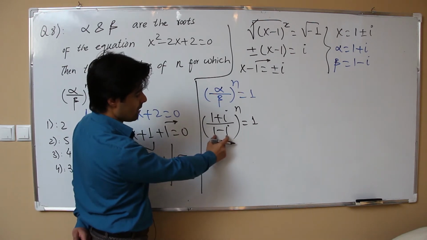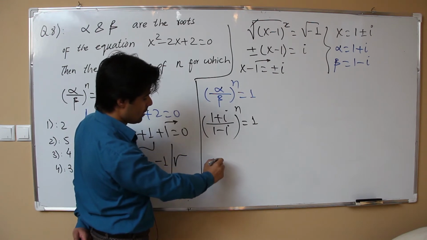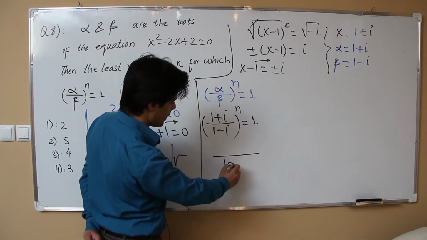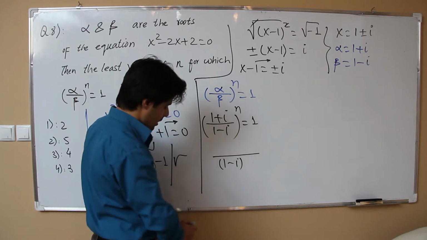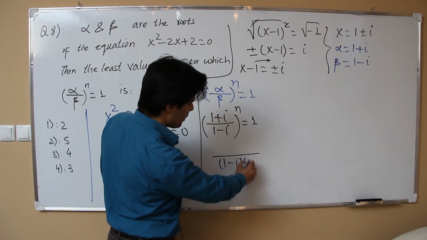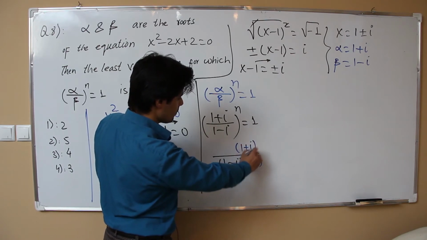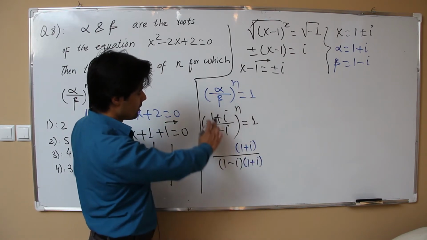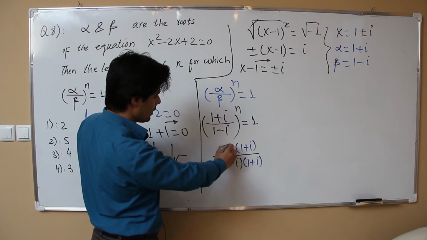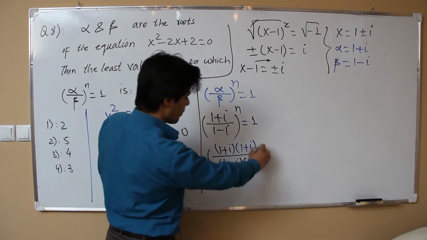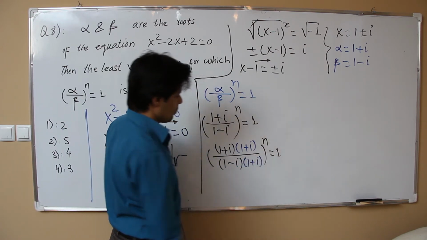What's the conjugate pair of 1 minus i? I think the conjugate pair is 1 plus i, and I will write here also. Now we have this 1 plus i also to the power n is equal to 1.